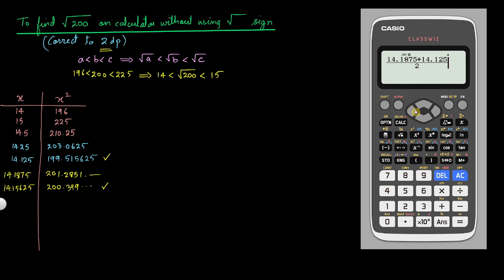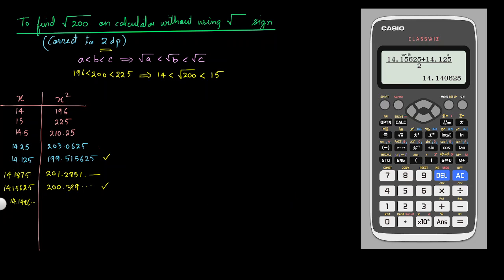Let me take the midpoint. That gives me 14.140625. I have no space to write it fully, but this is just to get an idea.